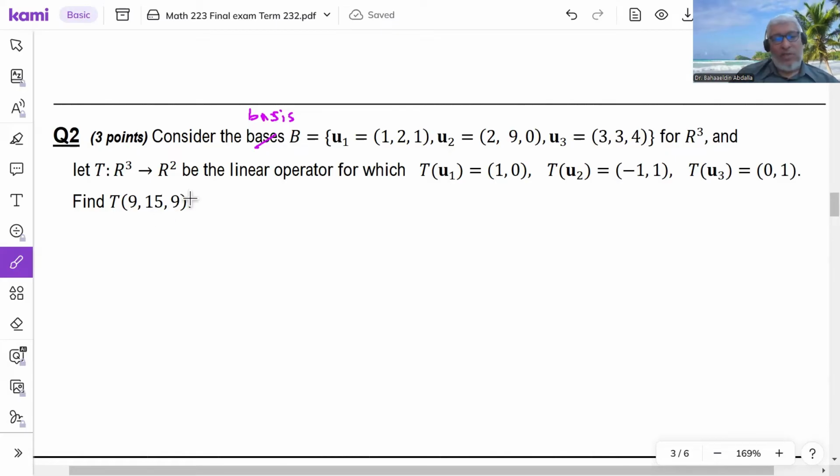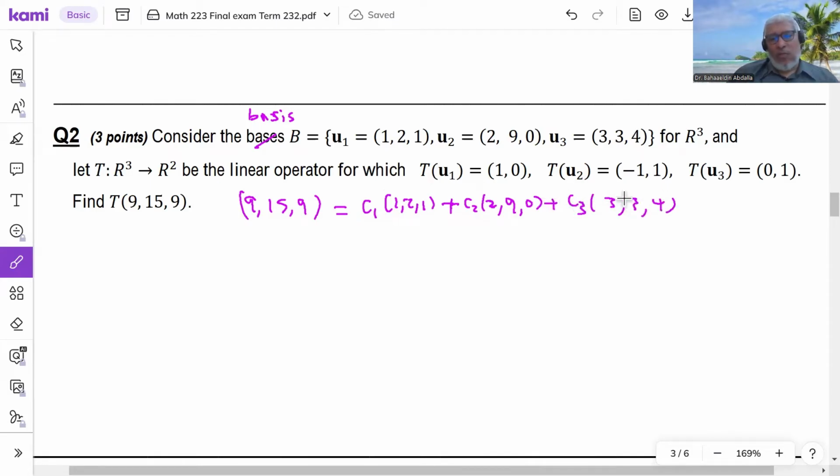So the way to answer this problem is first to write (9, 15, 9), which is a vector in R3, as a linear combination of U1, U2, U3. So C1 times (1, 2, 1) plus C2 times (2, 9, 0) plus C3 times (3, 3, 4). And if you know how to solve this by calculator, you can do it.